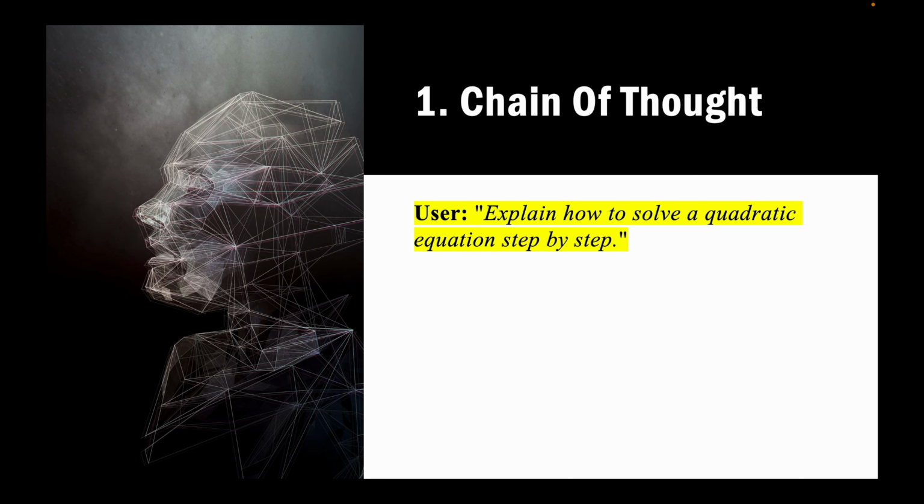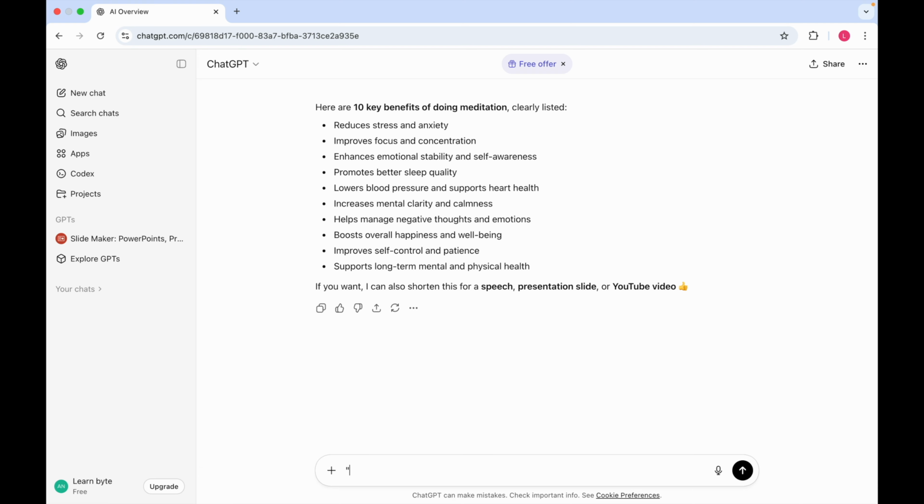For example, if we ask, explain how to solve a quadratic equation step by step. Now let's go and write this in ChatGPT. Explain how to solve a quadratic equation step by step. Okay.